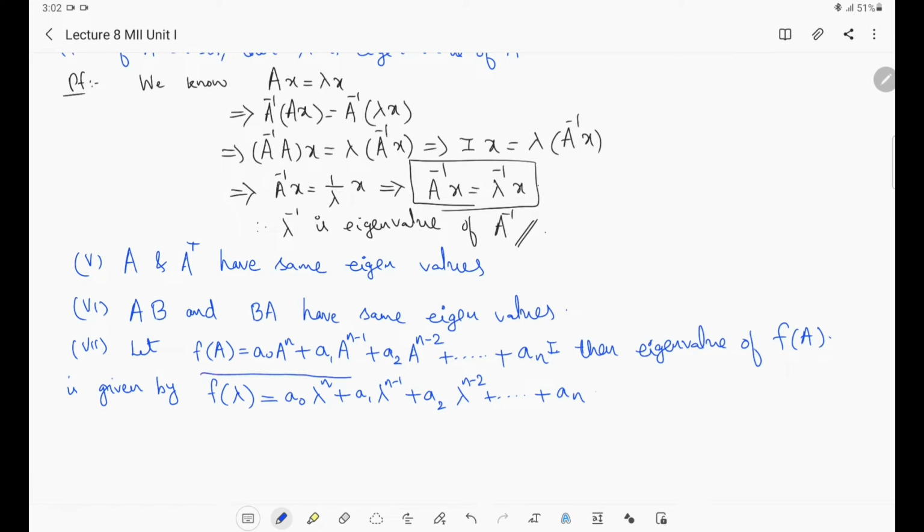This will be the eigenvalue of the given expression f of A, right. So, this is quite important. Many times in the examination, questions will be asked where we have to use this property. So, we'll see where we use this property in the coming problems, right. So, these are the properties of eigenvalues, right.